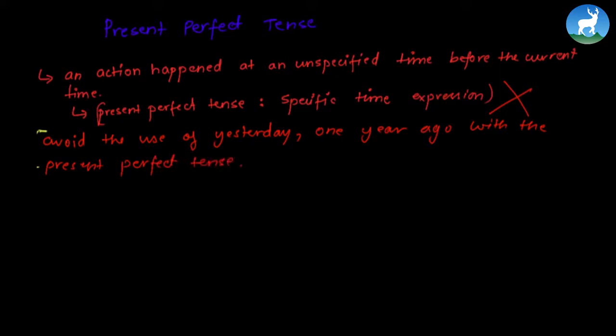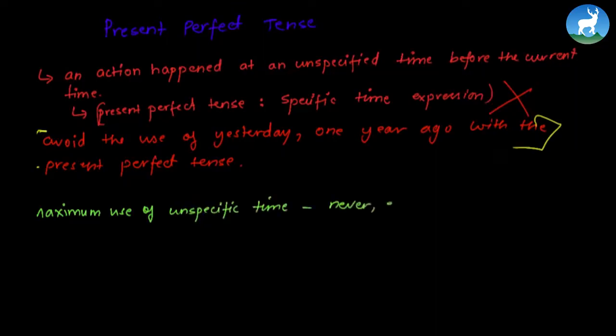So please remember this. We use this tense with unspecific expressions such as ever, never, once, already, yet, several times, etc. So make the maximum use of unspecific time like never, ever, already, yet, several times, etc.